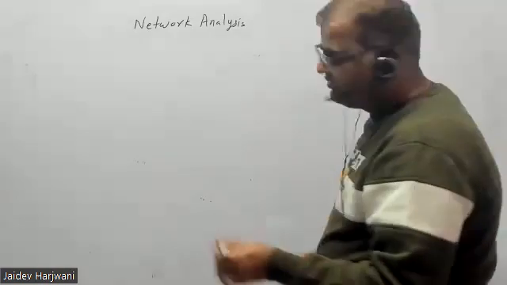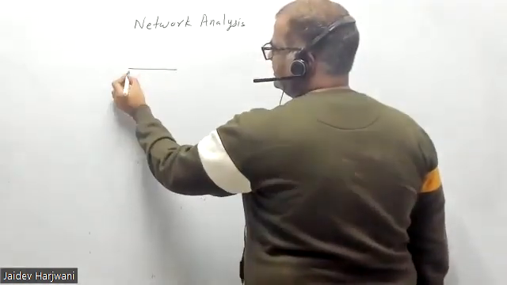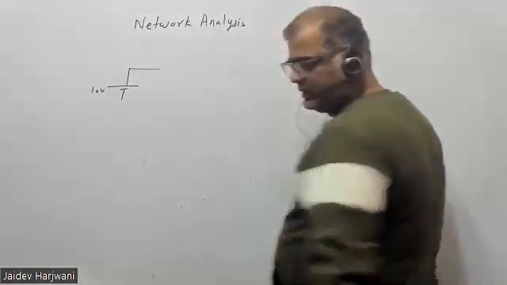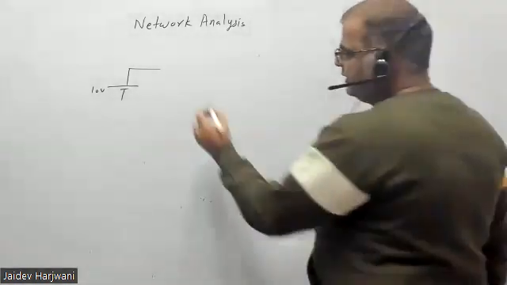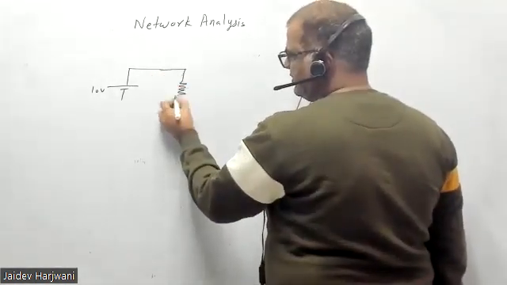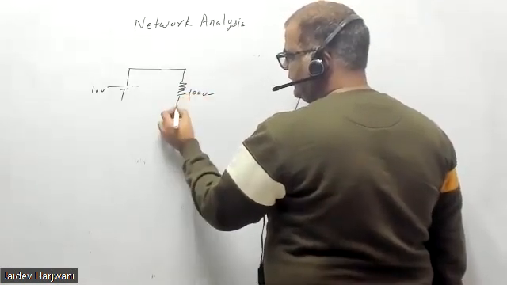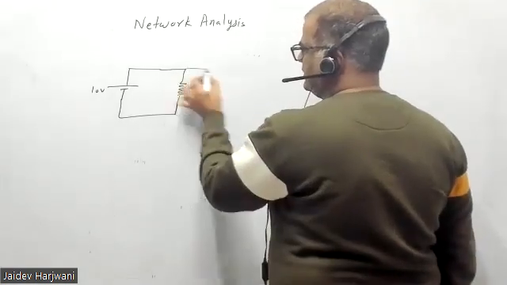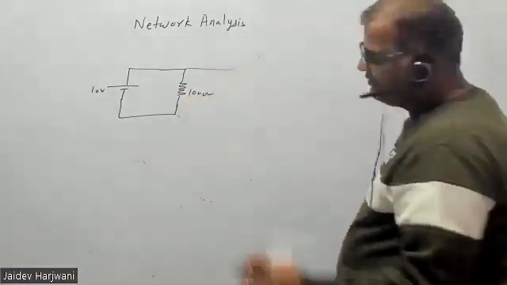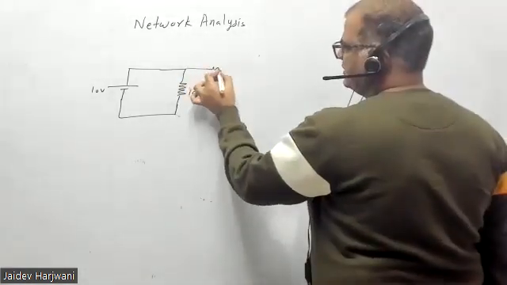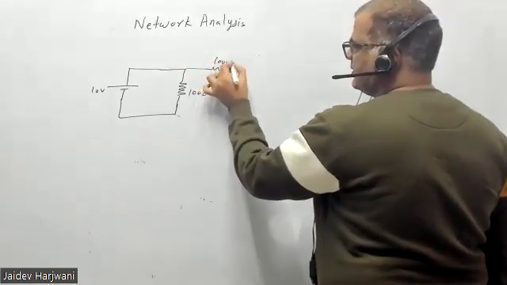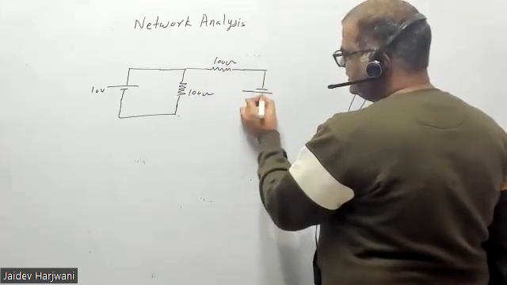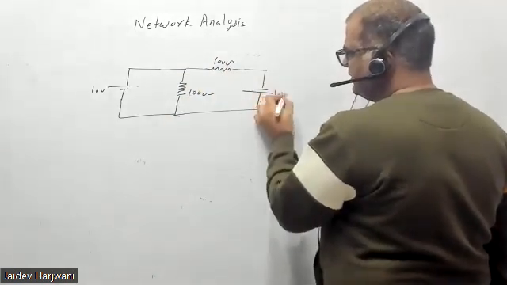Now say I'm giving you one more circuit. This is minus 10 volt. Here you have a 100 ohm resistance. Then you have a 100 ohm resistance here, and then you have a minus 10-volt battery here.